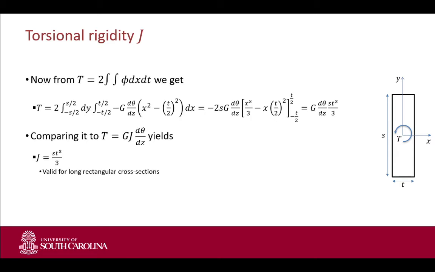Then we integrate it twice with dx dy, not dx dt, by the way. So this must be a y. We compare it to our torsion equation for solid, and we conclude that the torsion rigidity must be equal to S times t cubed over 3.